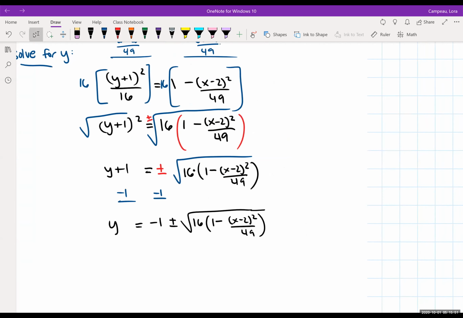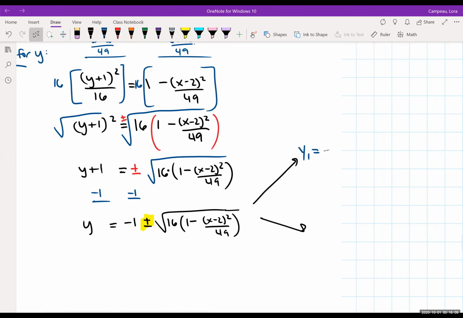If you remember the way the TI works, the plus or minus leaves us with a top half and a bottom half of an ellipse. So if we're looking at entering y1, that would leave us with −1 plus the square root of 16 times 1 minus (x − 2)² over 49.